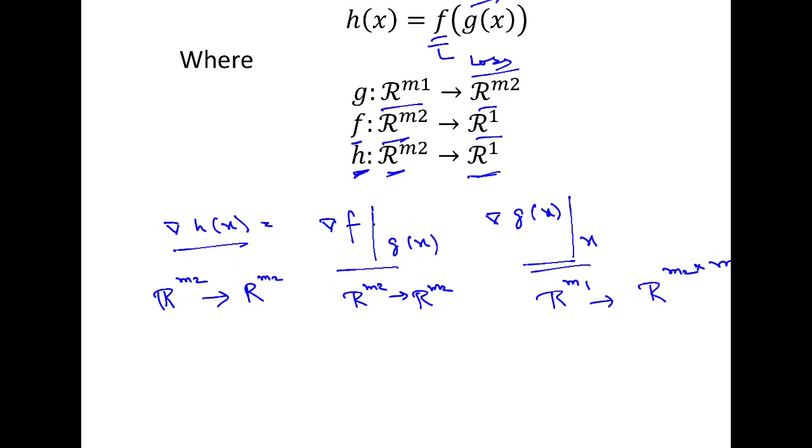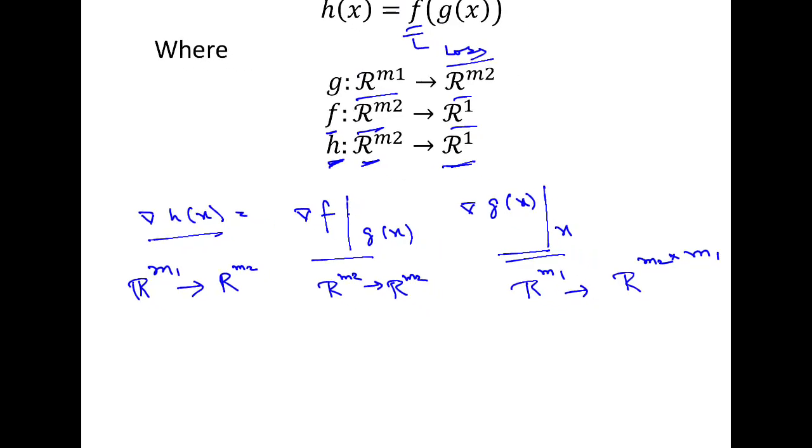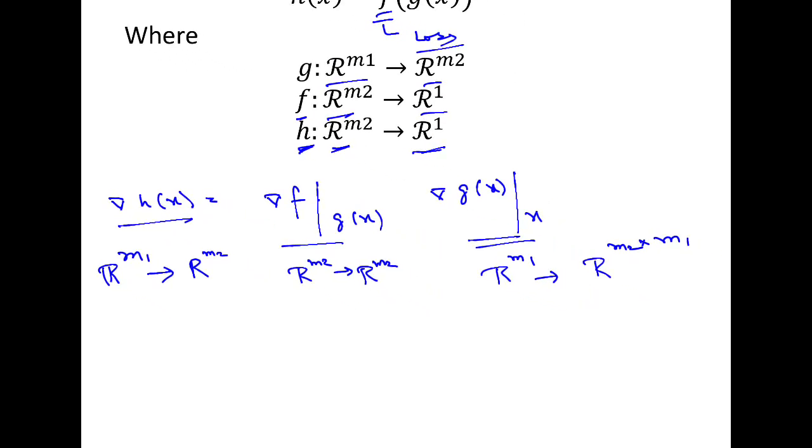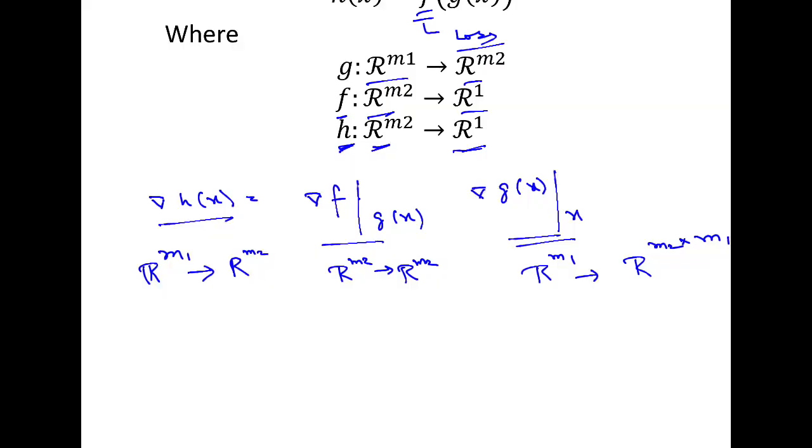H would be from R M2 to R. H would be R M1. Yeah, that's a mistake. Right? This is R M1 because X is of size M1. Right? Yeah. So this will become R M1. This is clear? Okay.